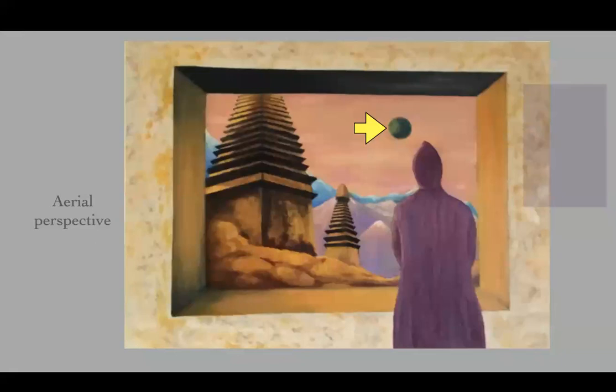Aerial or atmospheric perspective actually is about layers of dust and moisture being in the air that tend to change the values of things as they get further away. And in something like this, that Earth would look a little bit lighter because of aerial perspective. And we'll see an example why later, but right now we'll do the Earth.